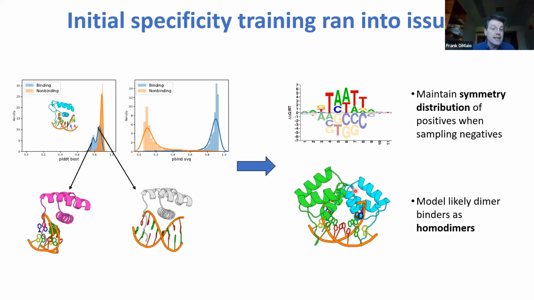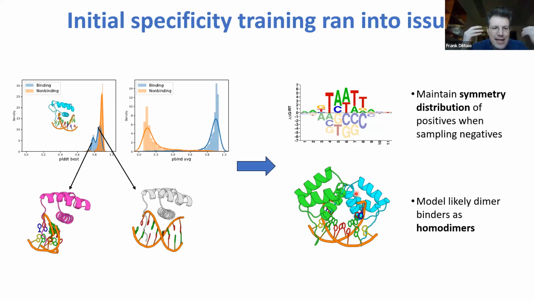The second thing is that because of that, you get these symmetries in the positive set. And it seemed like the network was learning a lot of those symmetries, unfortunately. If you have a certain symmetry, say a binding site this way and a binding site this way, or 2 binding sites in a row running this way, that's very indicative of positive binders.